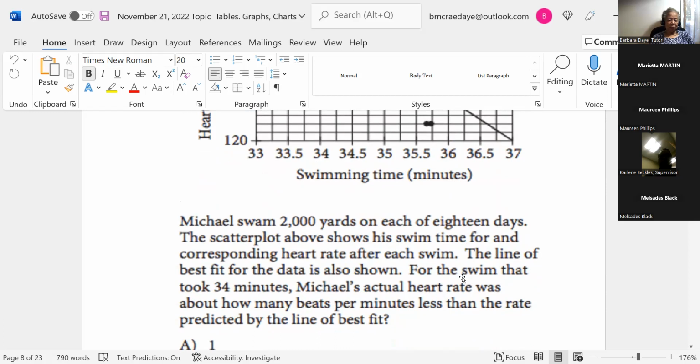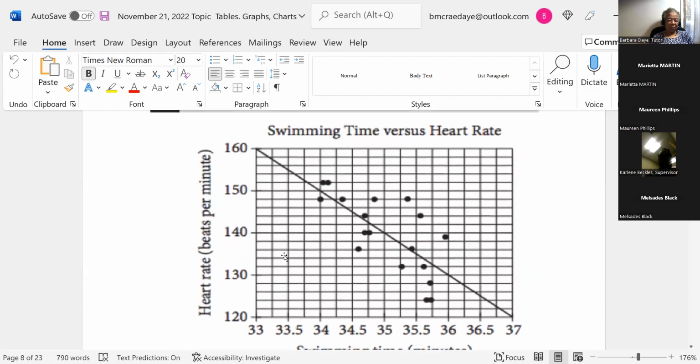For the swim that took 34 minutes, Michael's actual heart rate was how many beats per minute less than the rate predicted by the line of best fit. So we're looking at the 34 minutes. All right. 34 minutes right here. So, Maureen, at this point you have 150 on the line of best fit, right?